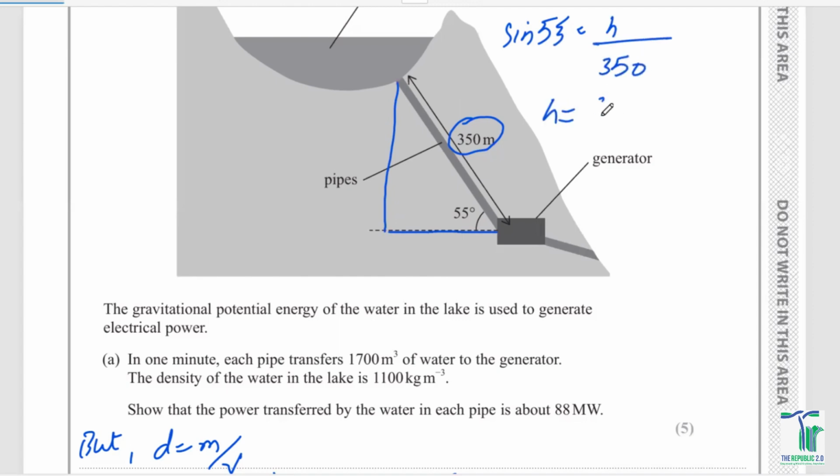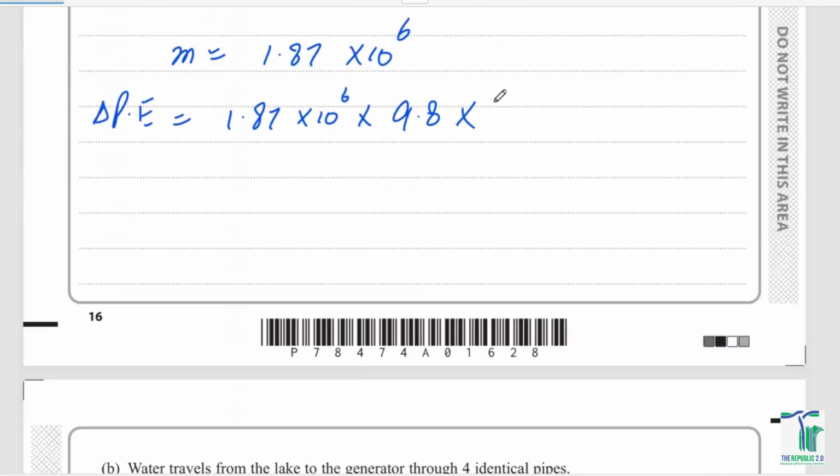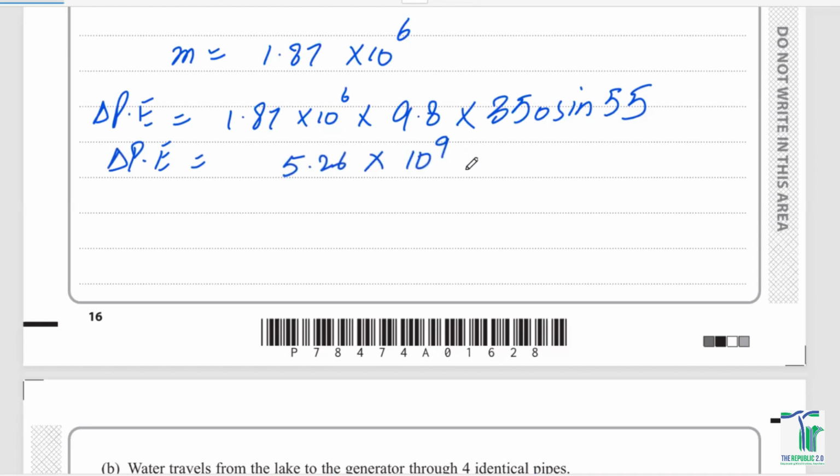So height has to be 350 times sine 55. So that is what I'm going to use over there. So I would have 350 times sine 55. I'll work it out, and my final potential energy is going to be something like 5.26 times 10 raised to the power of 9 joules.